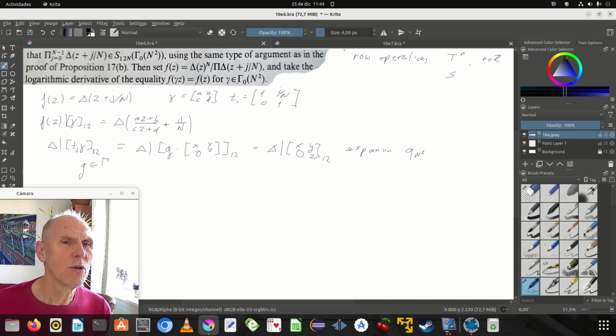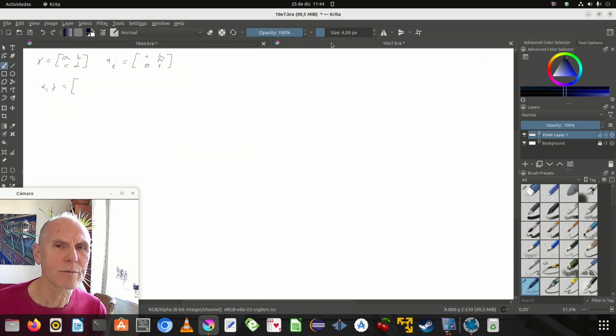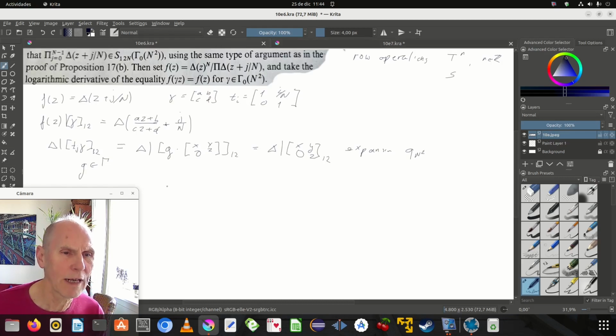Then we shall show that the product is invariant under gamma naught n squared. I plan to do it on the next page, but let's just do it here.